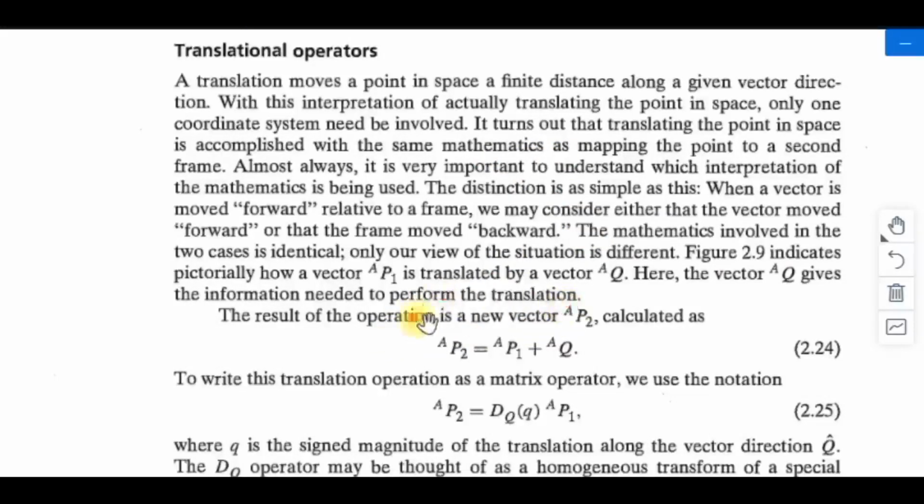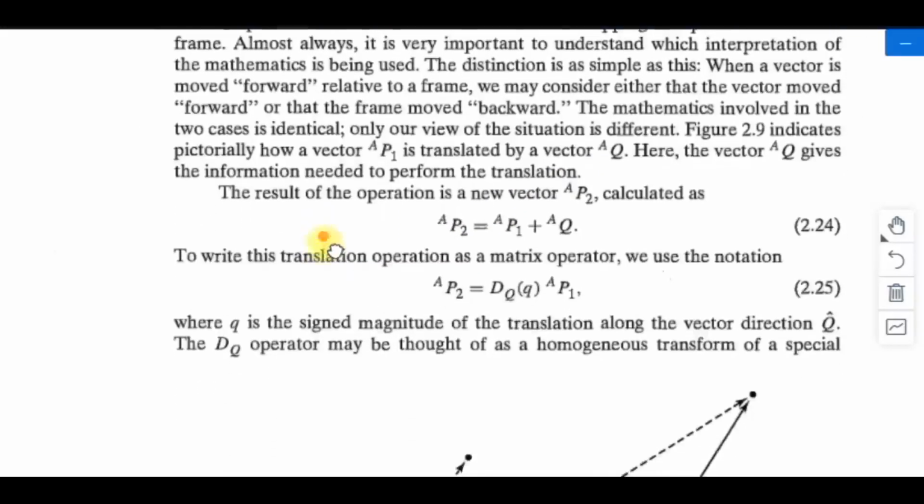The operation is translated by a vector AQ, so the vector AQ gives the information needed to perform the translation. The result of the operation is a new vector AP2, calculated as AP2 equals AP1 plus AQ.